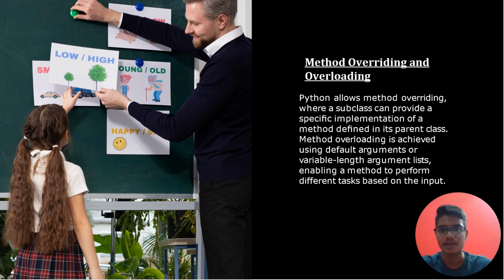Method overriding and overloading. Python allows method overriding, where a subclass can provide a specific implementation of a method defined in its parent class. Method overloading is achieved using default arguments or variable length argument lists, enabling a method to perform different tasks based on the input.